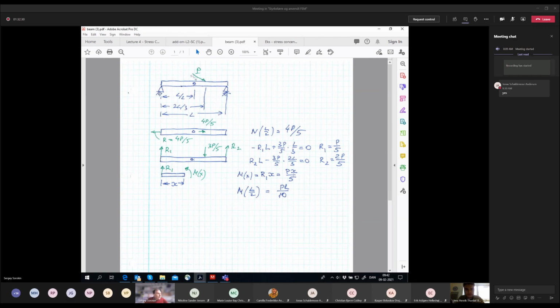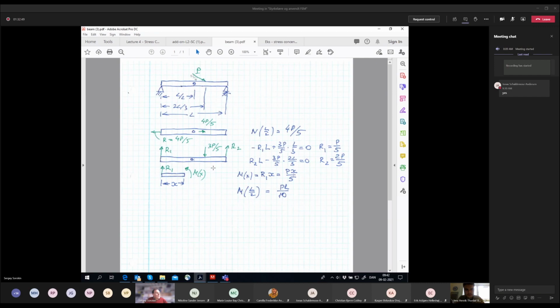So this is the immobile support, this is the hinge support, and we have this force. The first thing we do, we say that this force has 2 components: horizontal component and vertical component.